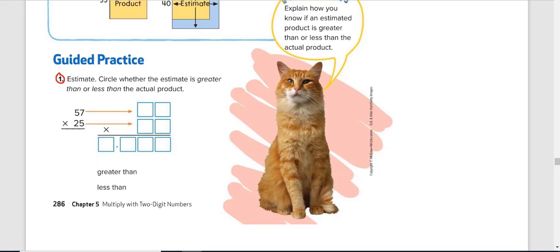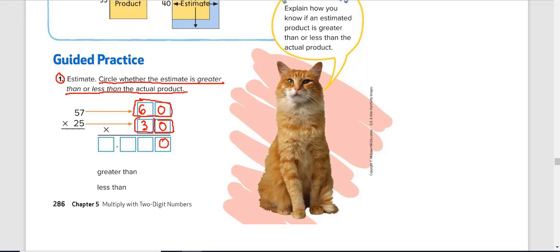Question 1. First, we want to look for the estimate. Then it says circle whether the estimate is greater than or less than the actual product. So first, let's look for the estimate. 57: if you put its estimate as 60, then that is correct. And 25: if you put the estimate as 30, very correct. Next, 60 multiplies 0, the ones place digit, we get 0.